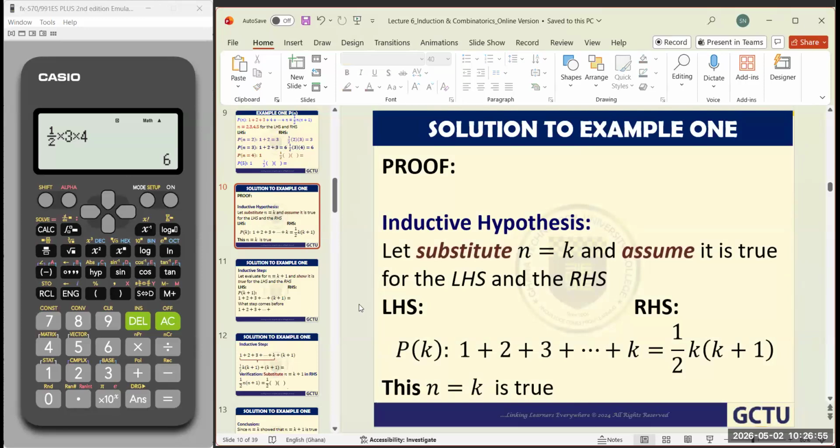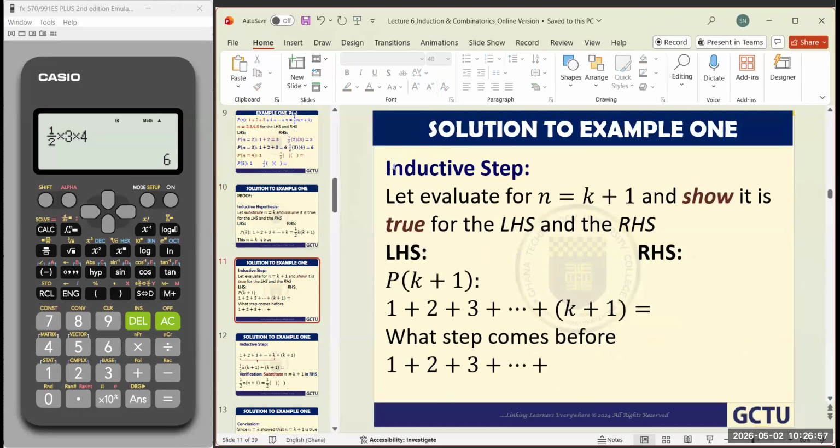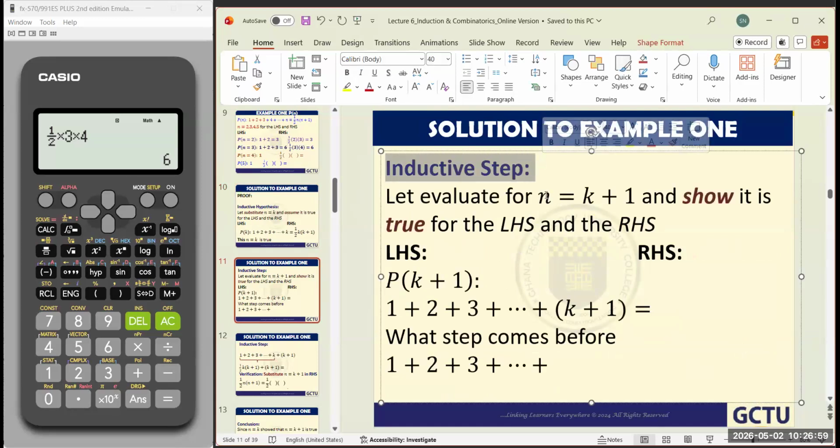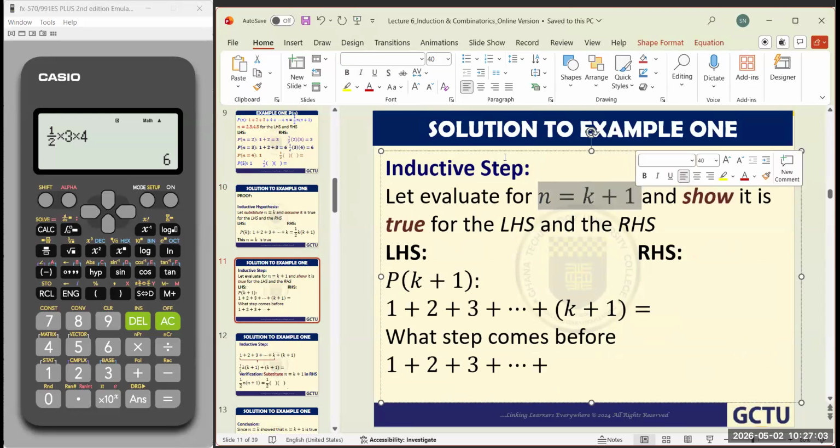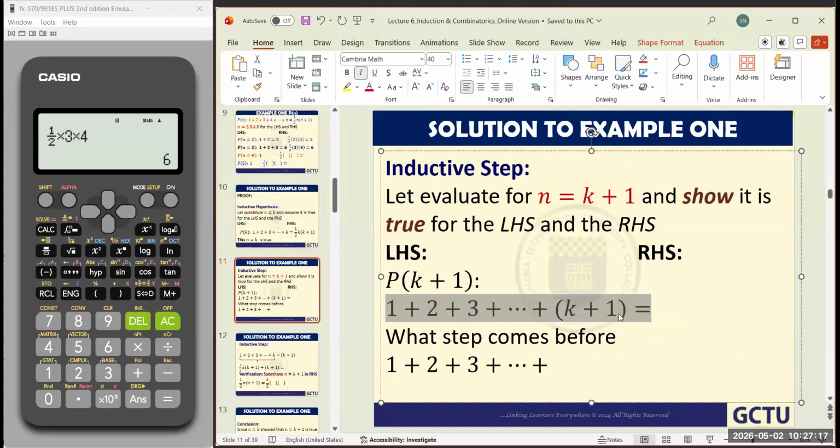Now, the last step is called the inductive step. This is the last step when we substitute N is equal to K plus 1. So watch what I am about to do. Remember that the original problem is 1 plus 2 plus 3 up to N. But this time, it's 1 plus 2 plus 3 up to K plus 1, because I'm ending at K plus 1.